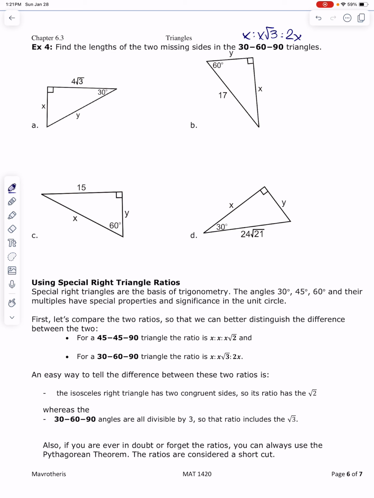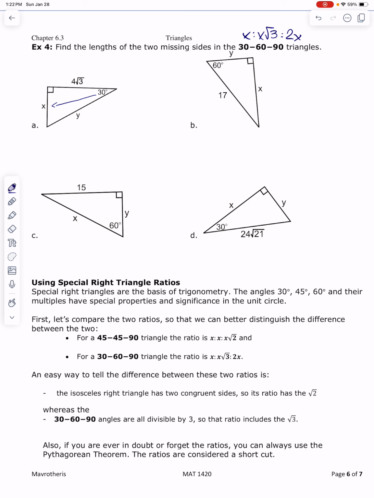Example for part A. We have one side, 4 square roots of 3. Now, I know this is the long leg because it makes up a side of the 30-degree angle. My short side is the length that's opposite that, okay?